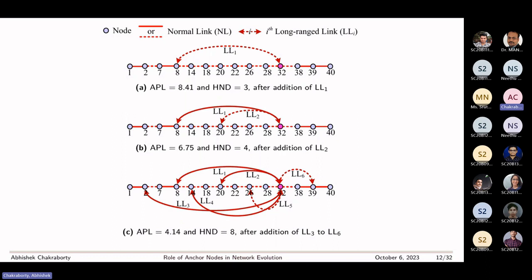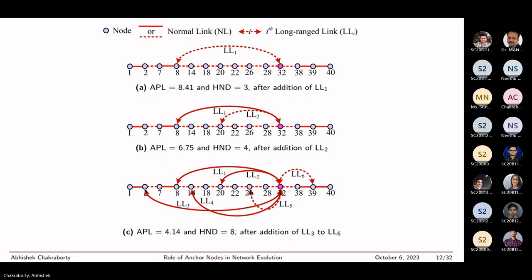So for 50, it is 50 into 0.2, that means node 10, and 50 into 0.8, that is node 40. So the first long link will be connected between node 10 and node 40. And this is actually a surprising result. We call these two nodes anchor nodes.